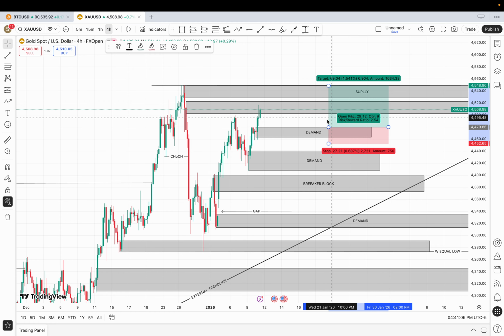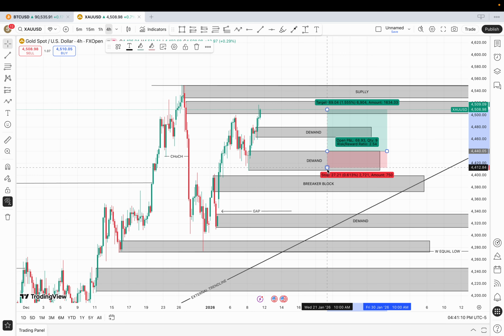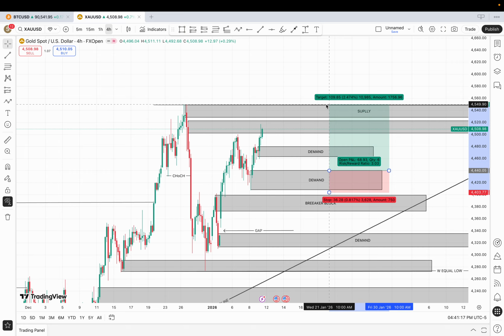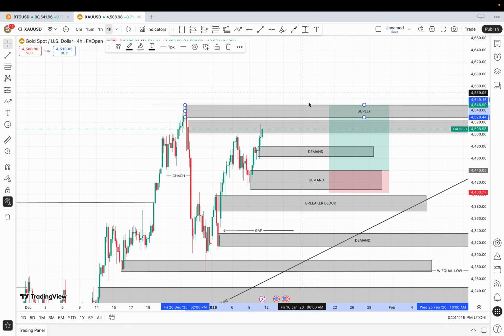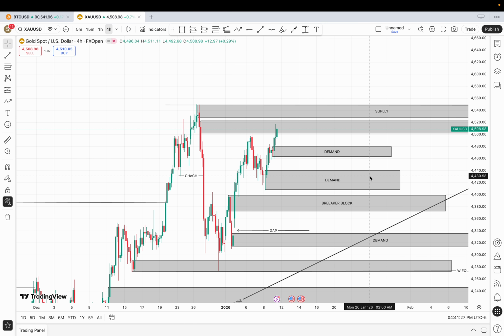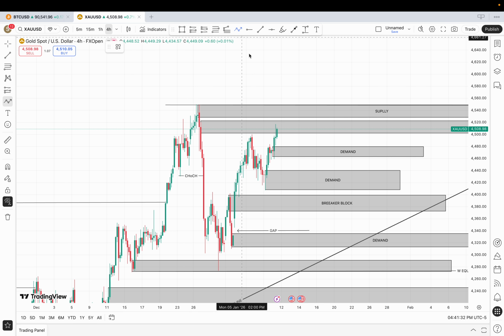If it comes to hit this demand too, it's going to be your TP, or maybe the all-time high. If not, this. That's it. So you don't have to chase the market, do nothing. So we have if this, then this, if this, then that.